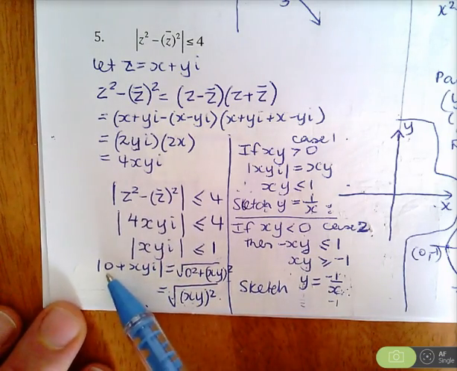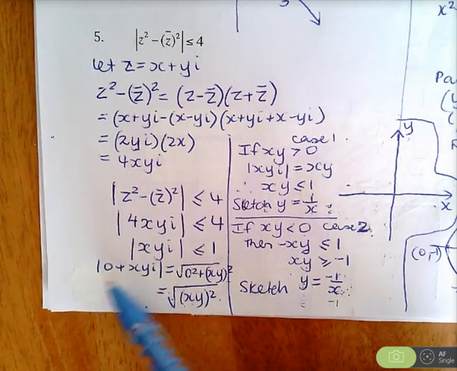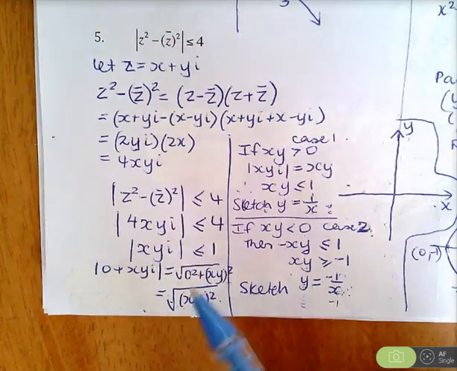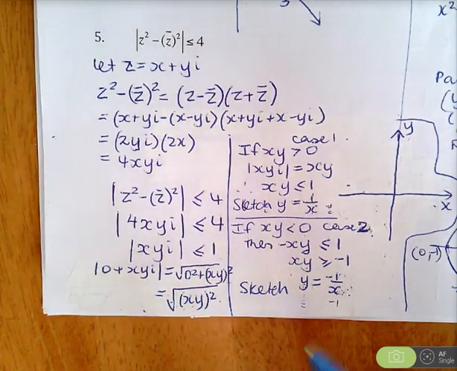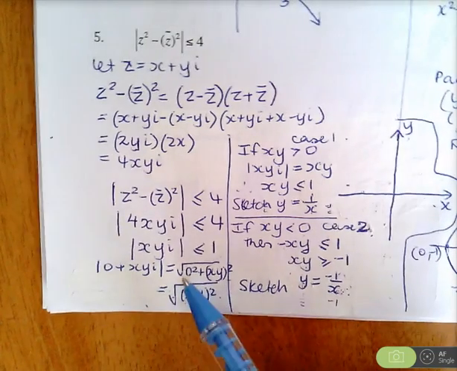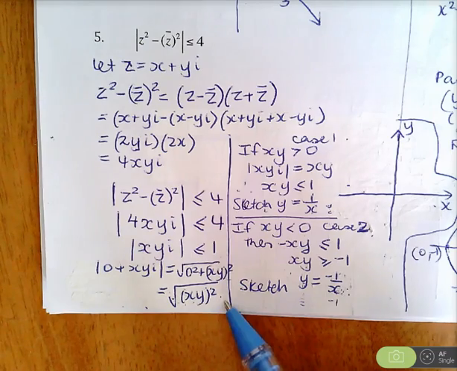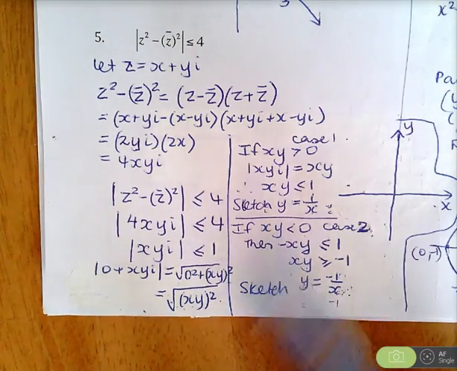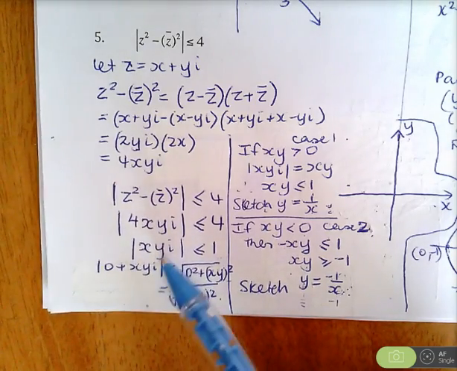So that's the same as doing the modulus of 0 plus xyi. Now remembering the definition of the modulus of z is the square root of x squared plus y squared, we do 0 squared plus xy squared, which is going to be xy squared. Now, looking at this, we've got two cases here, even if you just look at the absolute value.